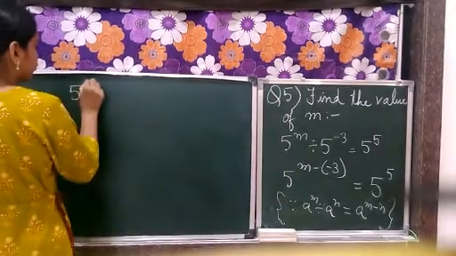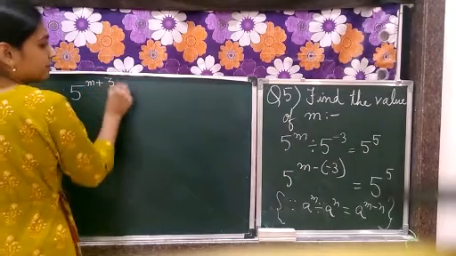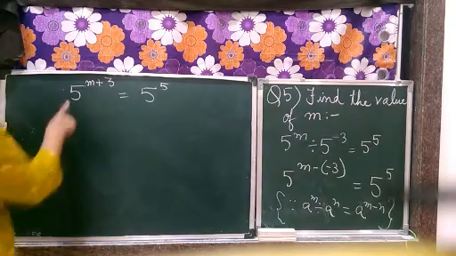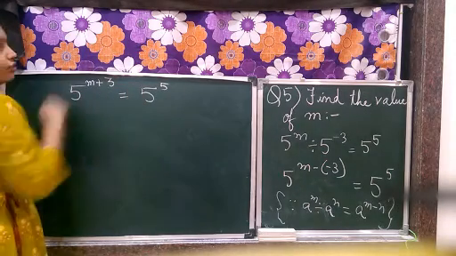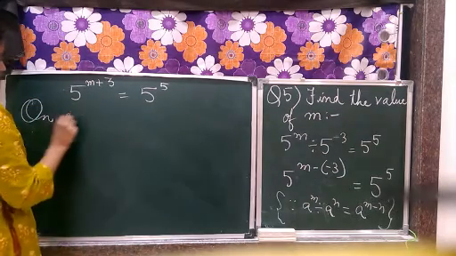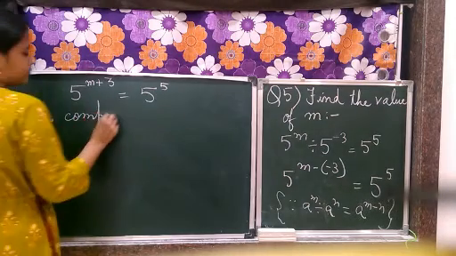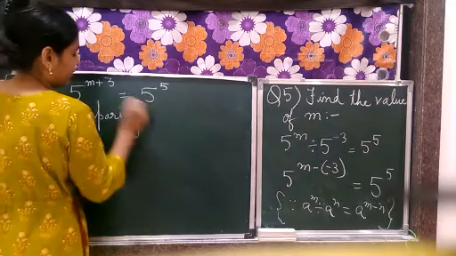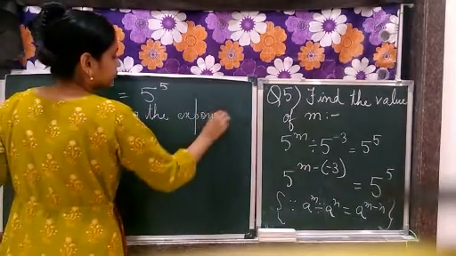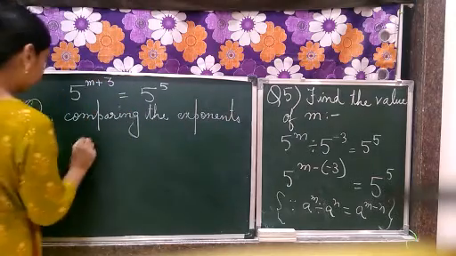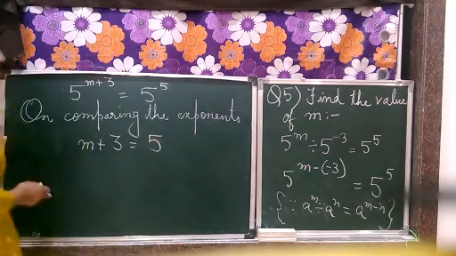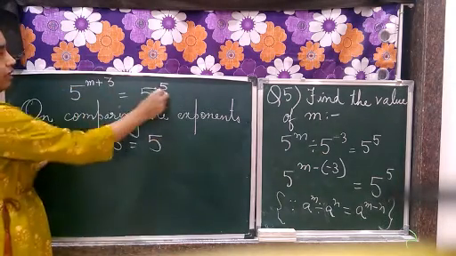So 5 raised to m plus 3 is equal to 5 raised to 5. Now since the bases are same, we are going to compare the exponents. So on comparing the exponents, m plus 3 is equal to 5.